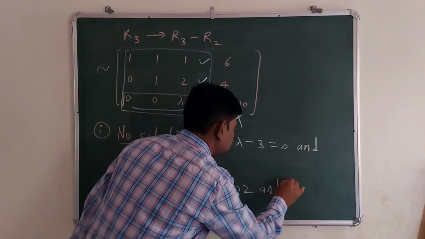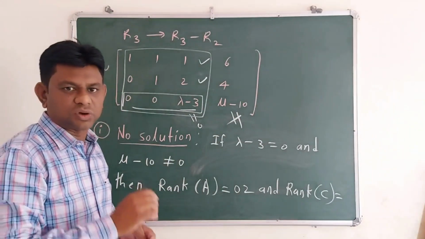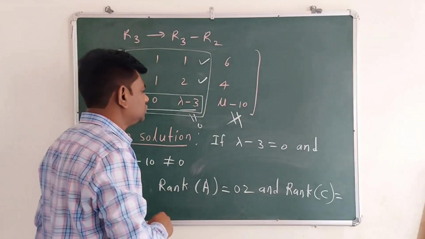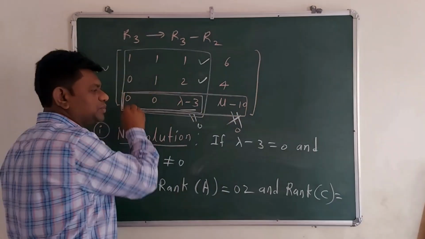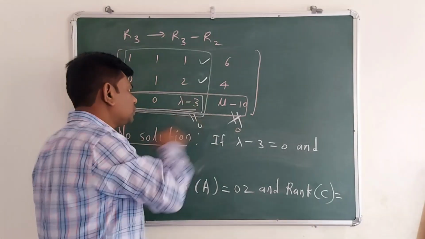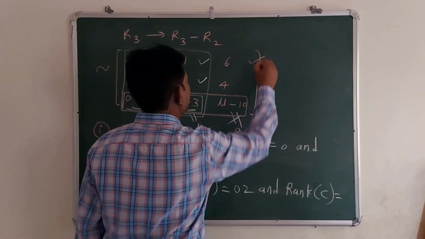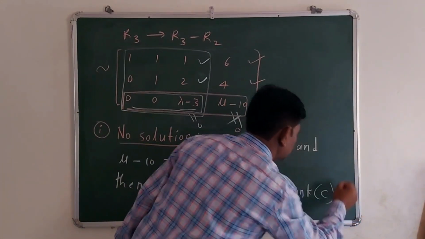And rank C means the number of non-zero rows in the echelon form of C. Now mu minus 10 is not equal to 0, so this last row is a non-zero row in the echelon form of C, and therefore the number of non-zero rows in the echelon form of C is 1, 2 and 3, therefore rank C is equal to 3.